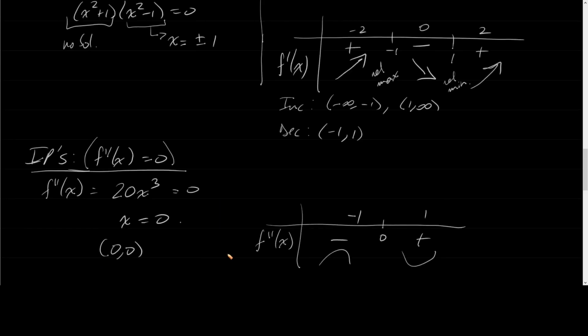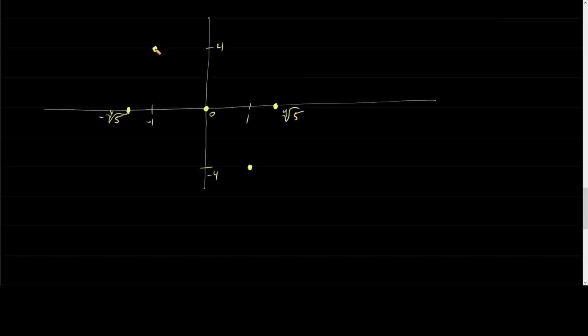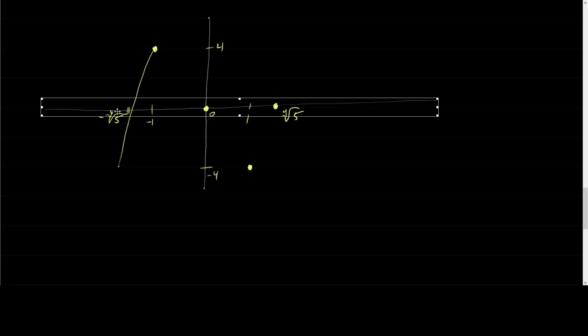In here, the increasing, decreasing stuff, we're going to be looking at both of them. We're increasing up until negative 1 with a negative concavity. So something like this. Maybe I'll exaggerate this a little bit and move this point over.